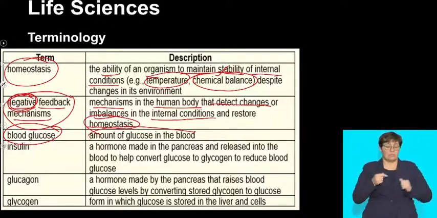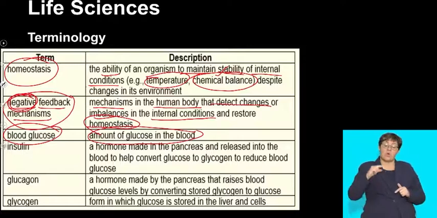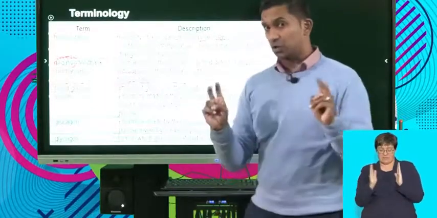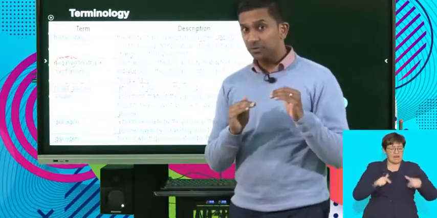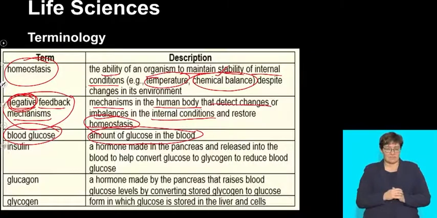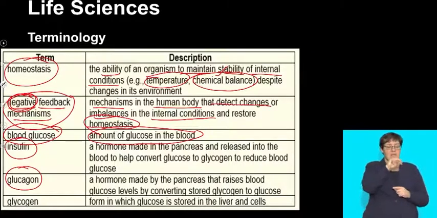And essentially there is a level of blood glucose that we refer to as being within the norm or normal. So we will have to look at what normal blood glucose levels are and how the body maintains that within a balance. We're going to spend some time looking at two important hormones, insulin and glucagon.